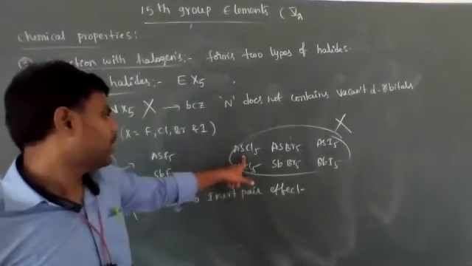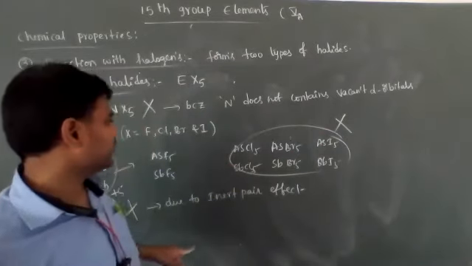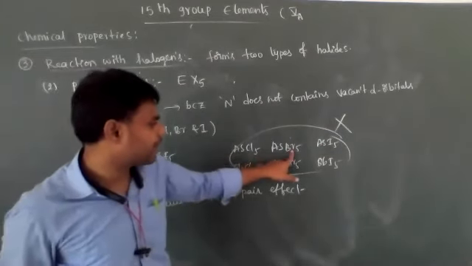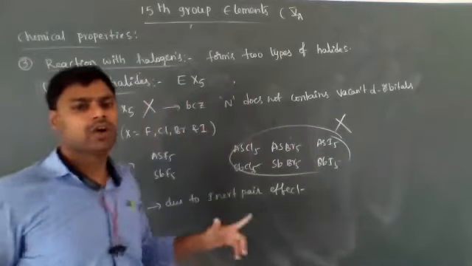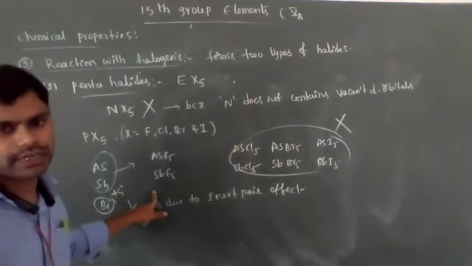That's why arsenic and antimony do not form pentachlorides, pentabromides, and pentaiodides. They form only fluorides.